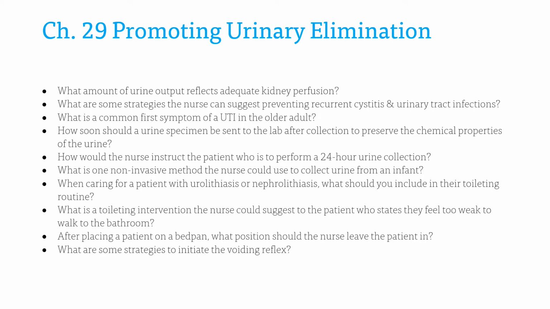What is a toileting intervention the nurse could suggest to the patient who states they feel too weak to walk to the bathroom? For this information, we're going to look on page 557 and also 559. Assisting patients with urinary elimination is a basic nursing function.